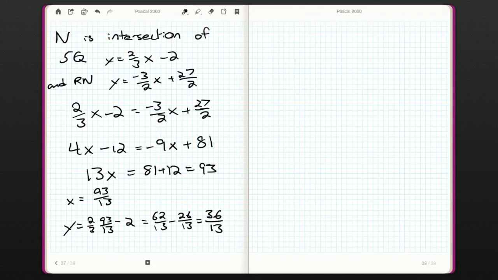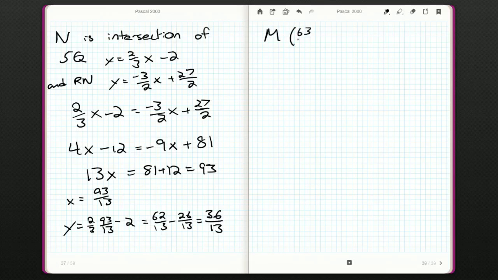And we'll just double check. 93 divided by 13 multiplied by 3 halves plus 13.5 is indeed 36 over 13. So we're good to go.